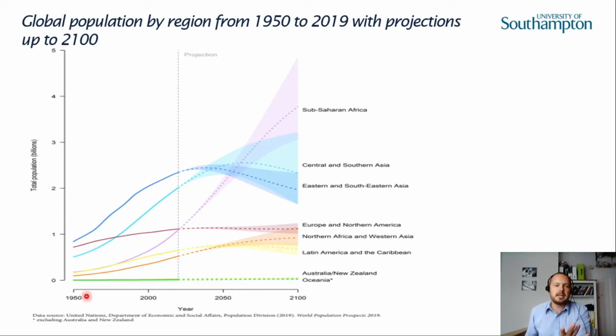But what we can see here is that in the year 1950, the total global population was somewhere in the neighbourhood of about 2.5 billion. And then in the space of just 70 years, there was a population explosion. By the time of 2019, the population was over 7 billion.